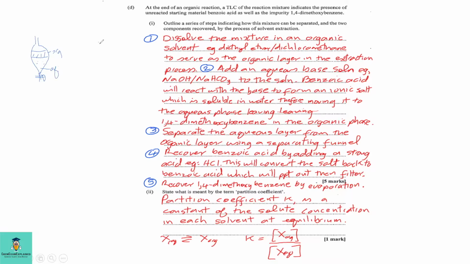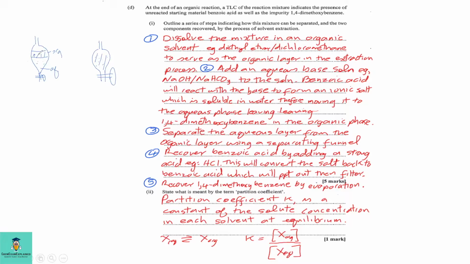If equilibrium is established, then you won't be able to see the 2 phases. What you'll see is a mixture at equilibrium. And this is what we mean by the partition coefficient being a constant of the solute concentration in each solvent at equilibrium.